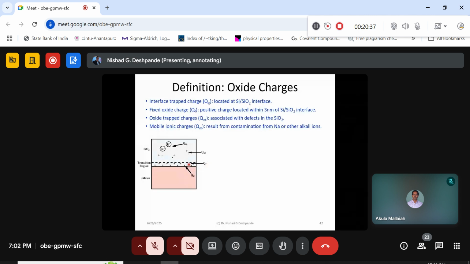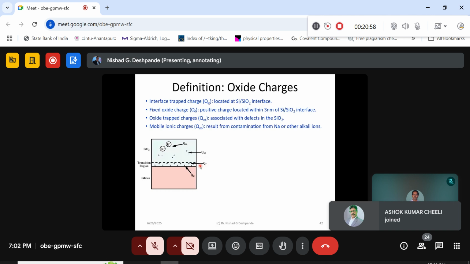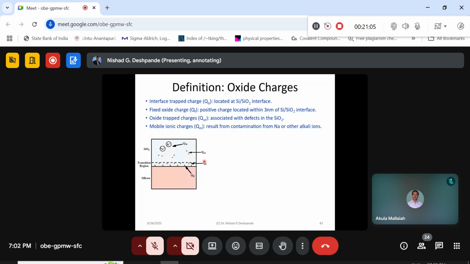Depending on the oxidation and the annealing conditions, its density ranges from 10 to the power of 10 per centimeter square. Sorry, it should be per centimeter square. So it is 10 to the power of 10 per centimeter square, or it can be up to 10 to the power of 12 per centimeter square.